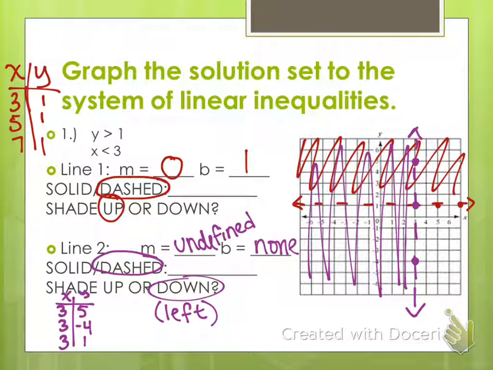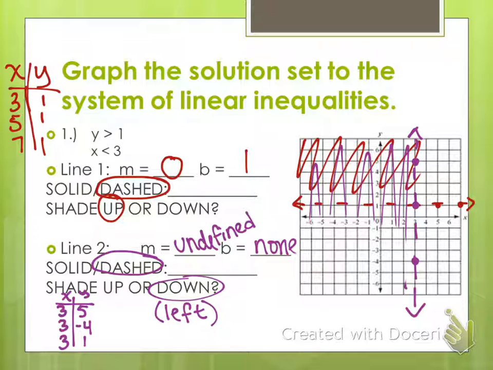Okay, if you're using just a pencil, do it kind of lightly. Our answer or our solution is just where they overlap. So what part of the graph is where they overlap? Top left part, okay? So up here. So if you're just using a pencil, one thing you could do is erase the part where it's not overlapped.